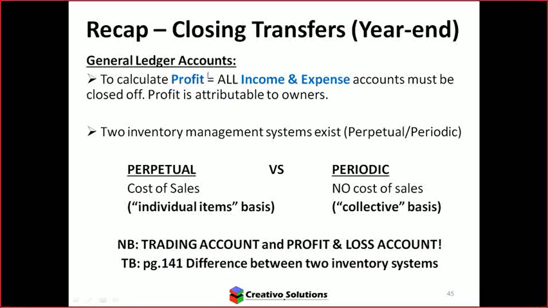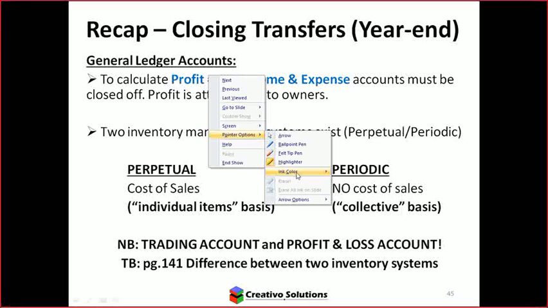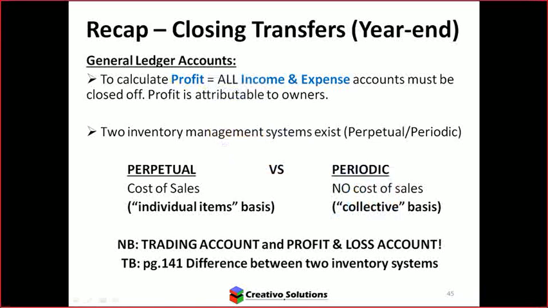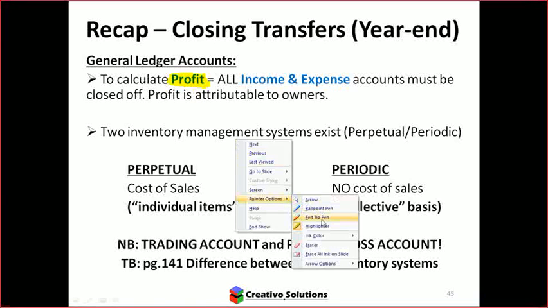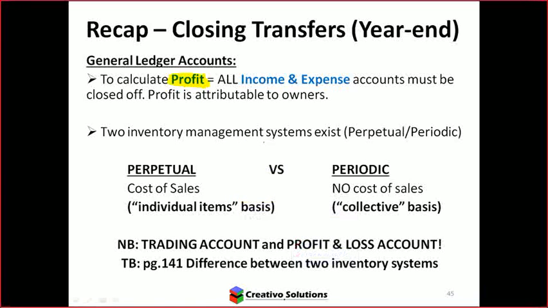What is profit? Owner's equity equals assets minus expenses minus income? Other way around. Income minus expenses. Okay, profit is income minus expenses. And where do we calculate profit for a sole proprietor?